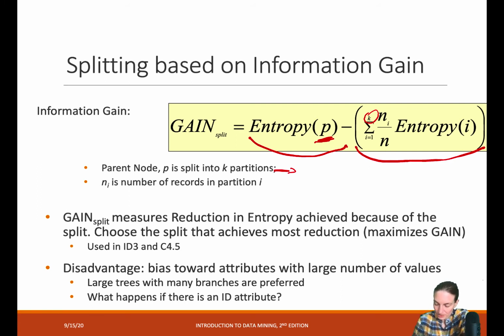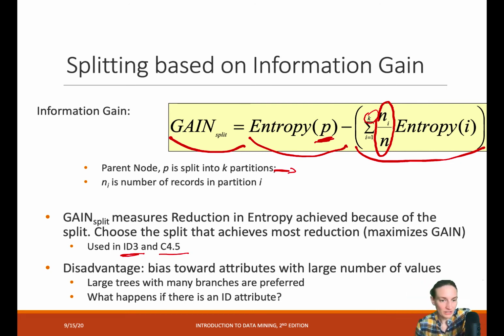So this term is introduced here as a weighting term. Right, so the gain really measures how much reduction there is in entropy because of a certain split. And then you can choose the split that achieves the most reduction, or maximizes your gain. This is how we do it in the C4.5 and ID3 decision tree algorithms.